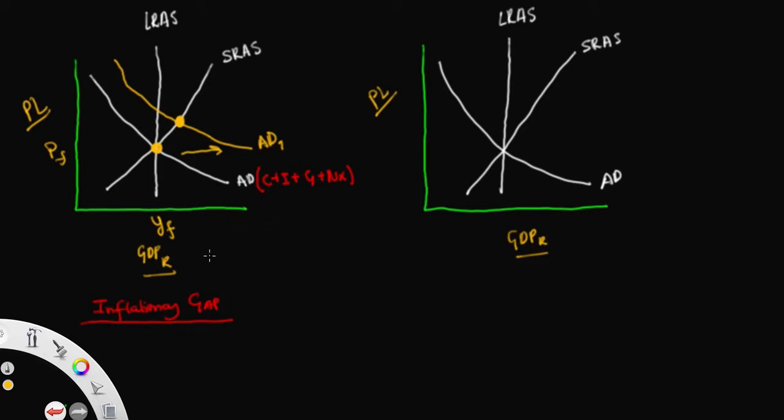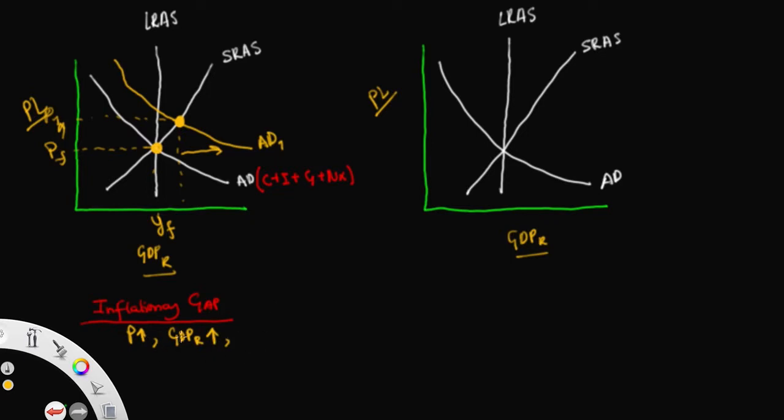Now, what we need to know when this occurs is, what do we see very obviously? Well, we see our price level increasing. And we see that our real GDP, which is denoted by GDP with a sub R, would be increasing as well.